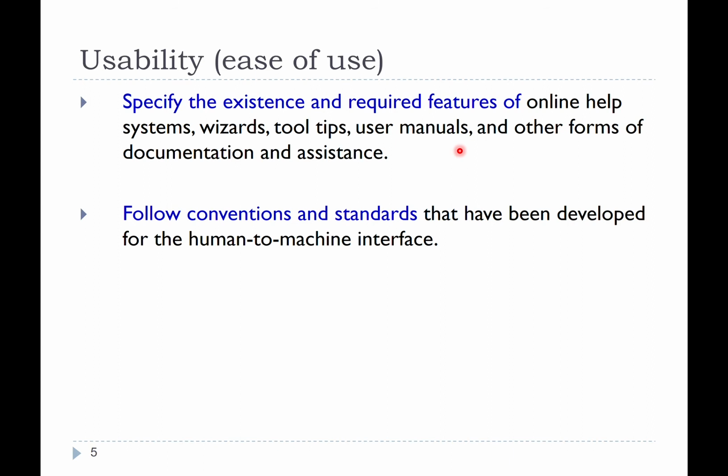Okay, usability can also be affected by HCI, human-machine interface. You have a course about this in third year next year, and the HCI community, or human-to-machine interfacing, created a set of standards and conventions.